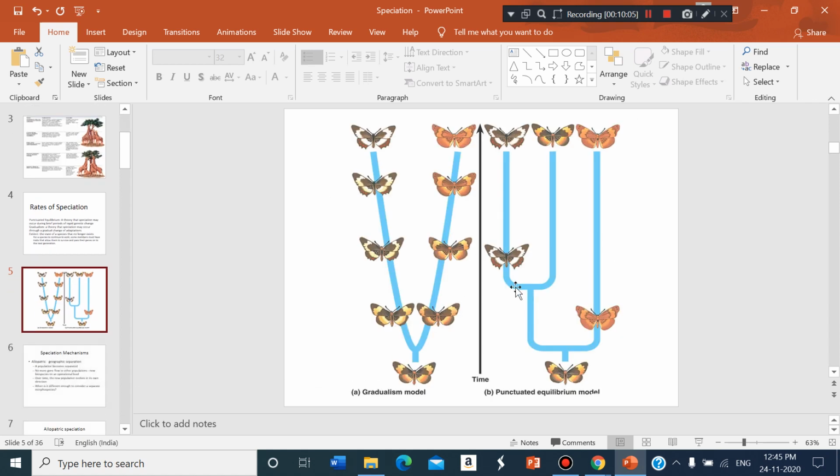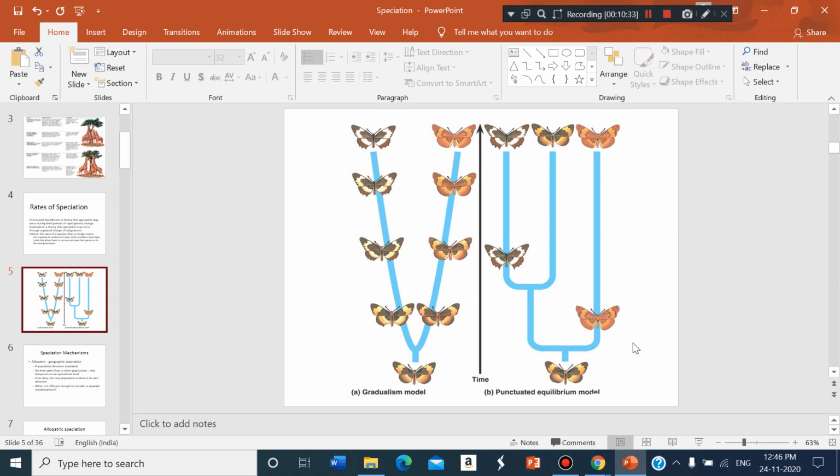Now, this is how gradualism and punctuated equilibrium differ. In gradualism, there are two lineages, and in the end there are two separate species. This is the ancestor. From the ancestor, slowly, by gradual adaptation in both lineages, they show speciation. A new species has been formed.